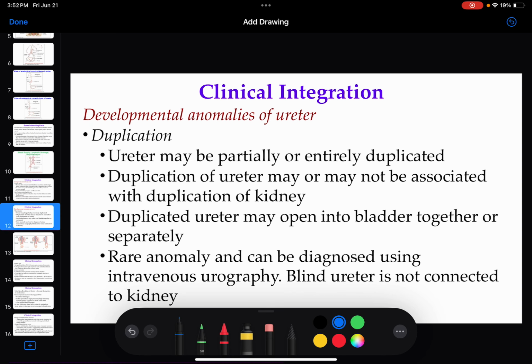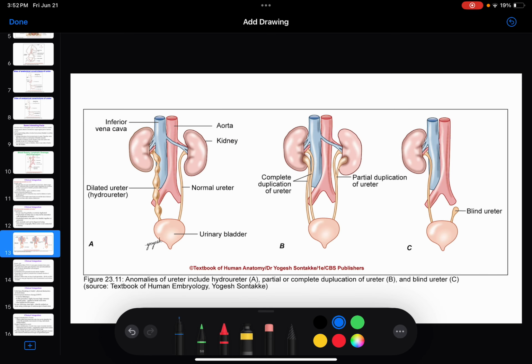Duplication of the ureter. So you can see the duplication here. So there are two ureters. From the renal pelvis, two renal pelvis may be present, or a single renal pelvis may form two ureters, or two renal pelvis joining to form one ureter. So this is partial duplication and this is complete duplication.